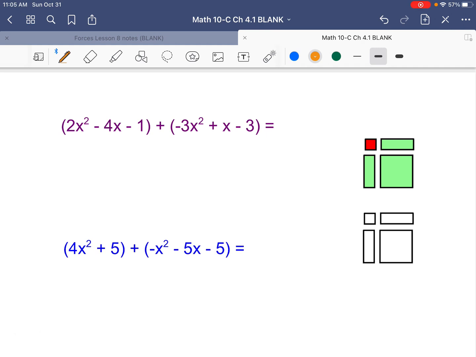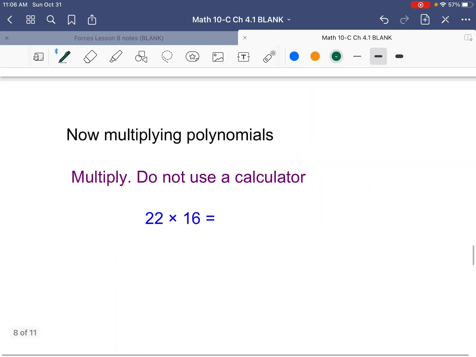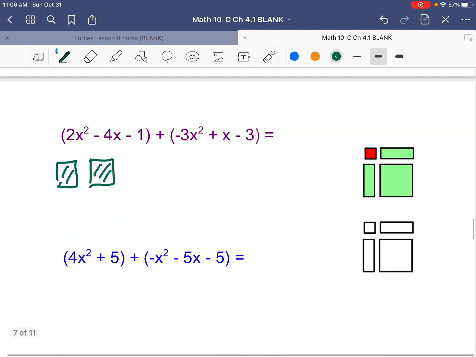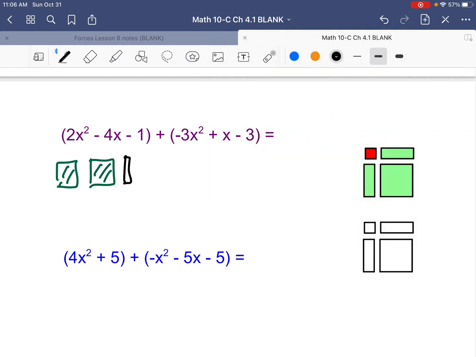Now, if you're at home, you haven't got the tiles, but here I expect you to be able to figure this out. So let me see. This is going to be 2x squared minus 4x minus 1, minus 3x squared.